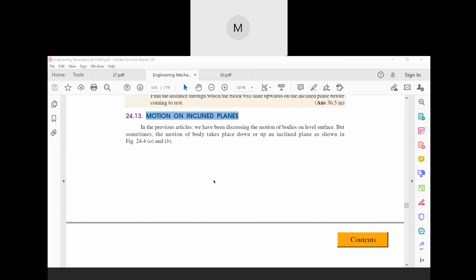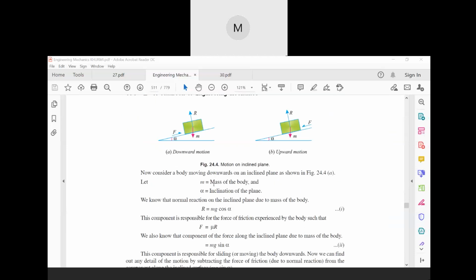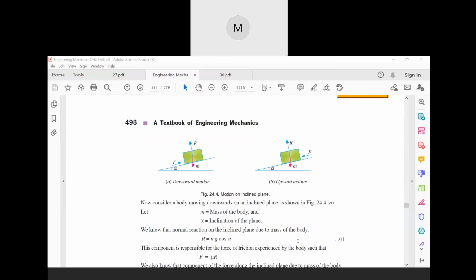In a plane. Plane means what? A flat surface, not an inclined one or a surface which is a bit slanting. Okay, so now we will be discussing bodies which are moving on an inclined plane. So you can see from this figure. Okay, so now if you see this figure, what happens?